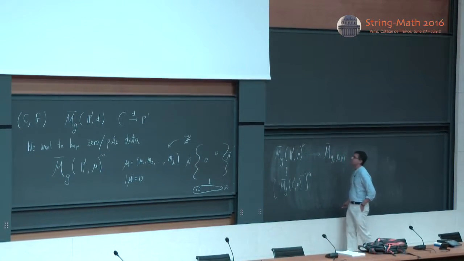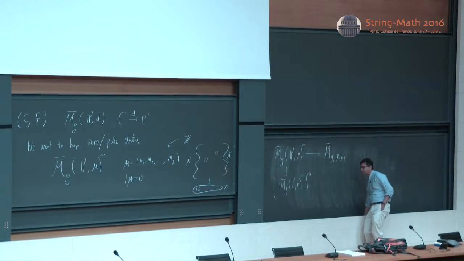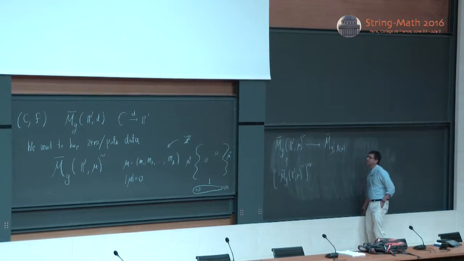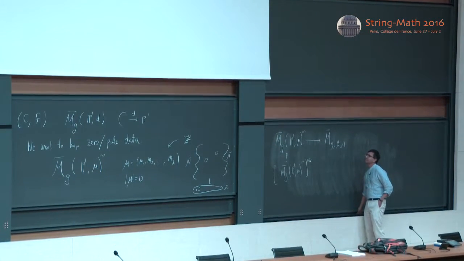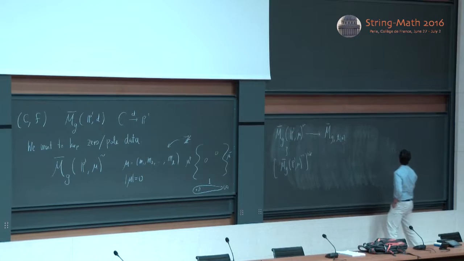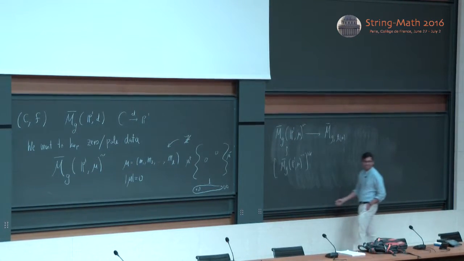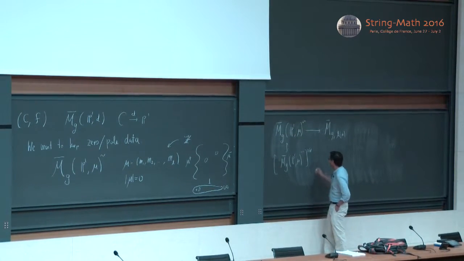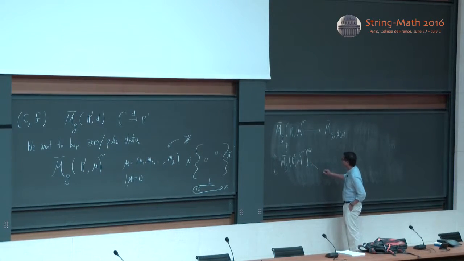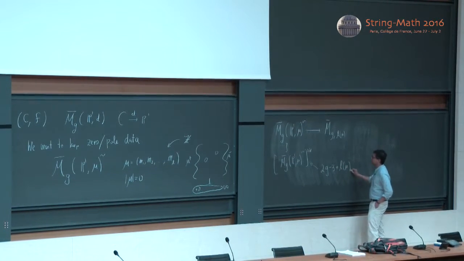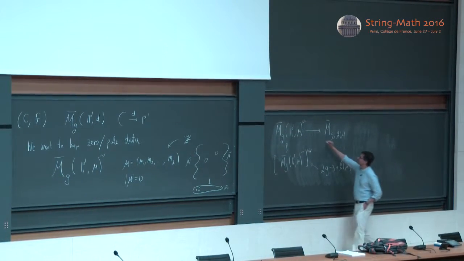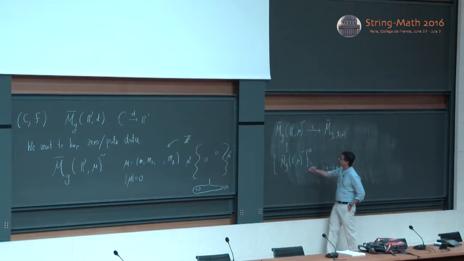And the dimension of this virtual fundamental class is given by deformation theory, or in fact, it's actually the classical dimension that was known to Riemann, and the cycle dimension is 2g minus 3 plus the length of mu. And I can push this class forward here.